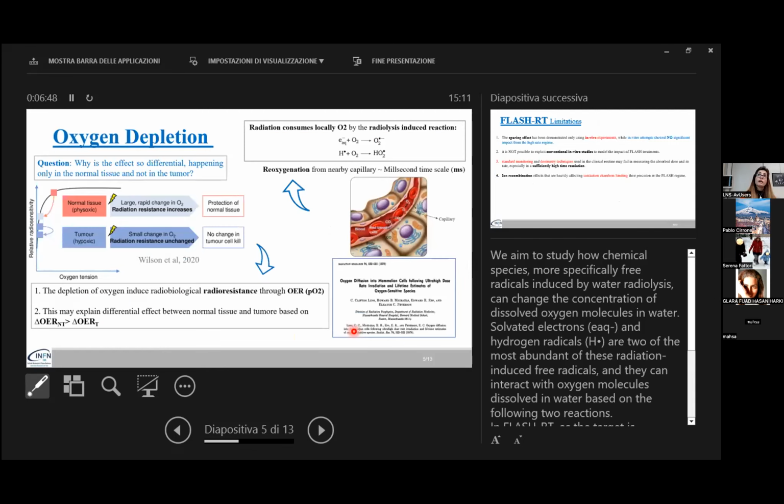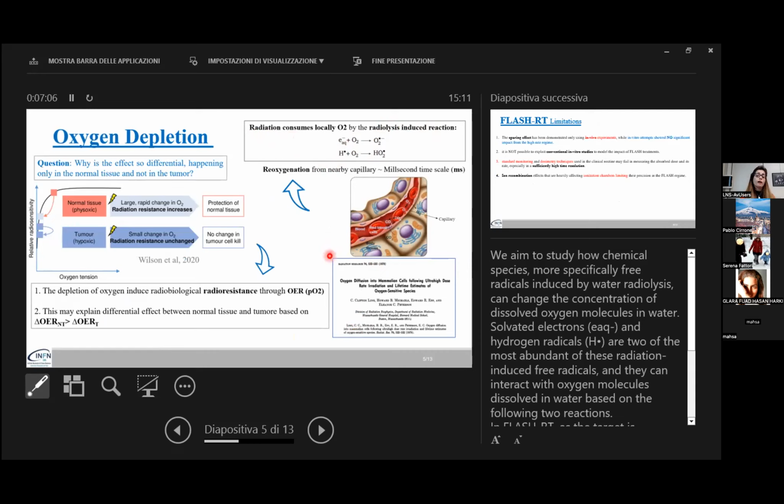Okay, I spoke about the main hypothesis, oxygen depletion. What is oxygen depletion? According to these reactions, you can see here, radiation can locally consume oxygen molecules.